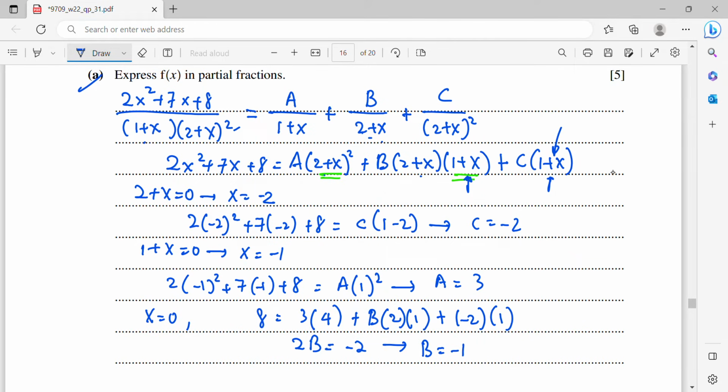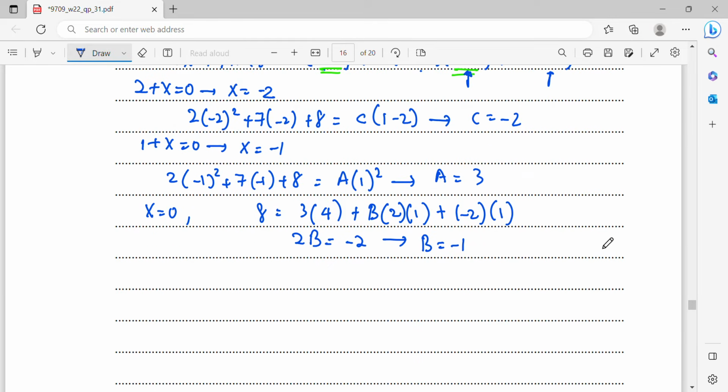Now, just replace all the A, B, C that you have found. That's it for the A. So, I will rewrite. So, now my A is 3, so 3 over 1 plus x.